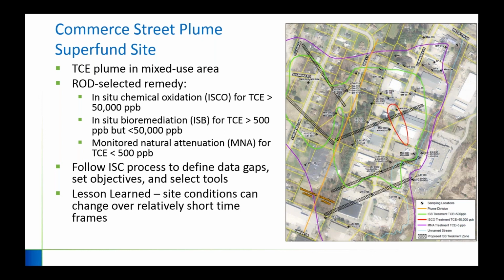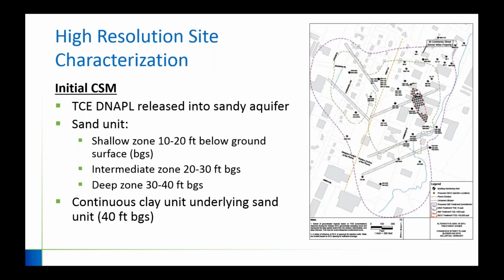So just like the last project that I talked about, as a pre-design characterization, we ran through that integrated site characterization process, identified the data gaps, and went out and did an investigation. So the old, quote unquote, old CSM out here was a TCE released into the sandy aquifer. The sandy aquifer was depicted conveniently as 3 10-foot thick sand layers that were labeled, as you might guess, shallow, intermediate, and deep.